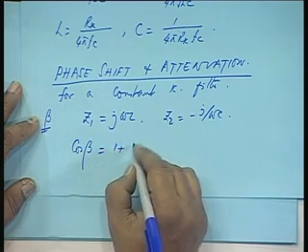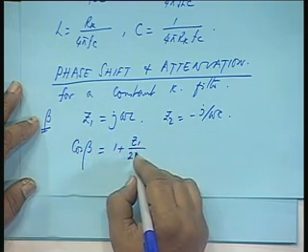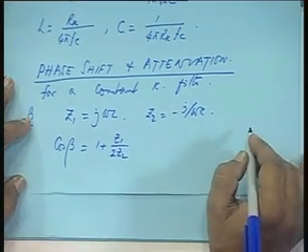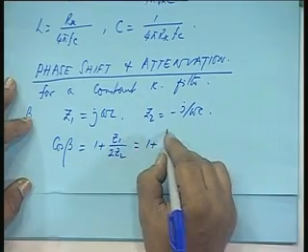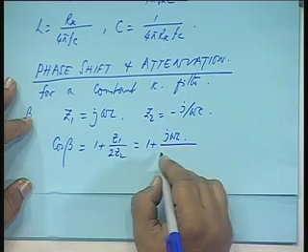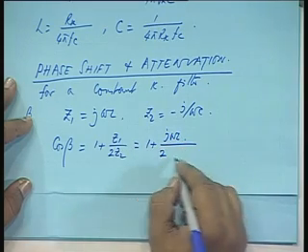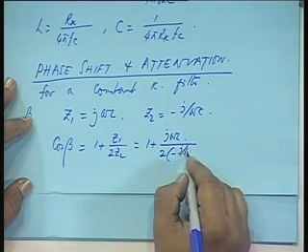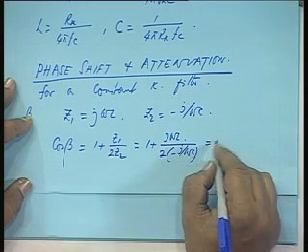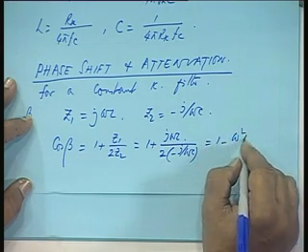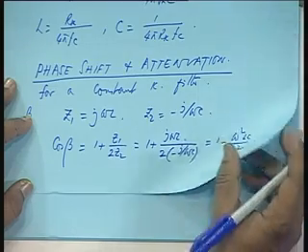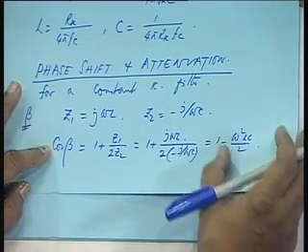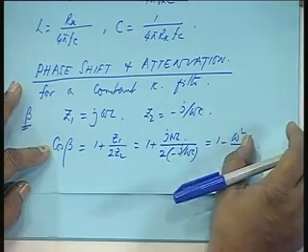That is 1 plus Z1 by twice Z2. So, that gives me 1 plus j omega L by 2 into minus j by omega C. That gives me 1 minus omega squared LC by 2. Cos beta is equal to 1 minus omega squared LC by 2.